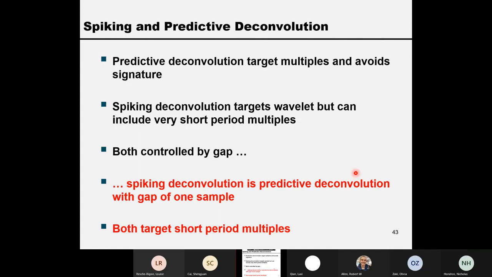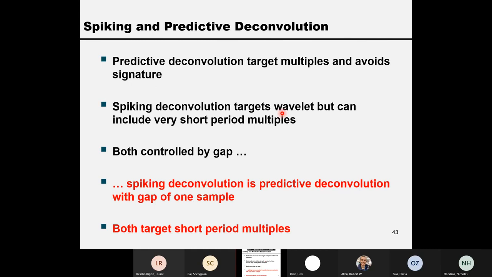Spike decon and predictive decon: we learned before that predictive decon is to try to remove the multiples, right? But it does not reshape your signature. But spike decon works a different way. Spike decon tries to process the signature. I mean the wavelet. The wavelet includes the source signature, the instrument response, all the effects, right?